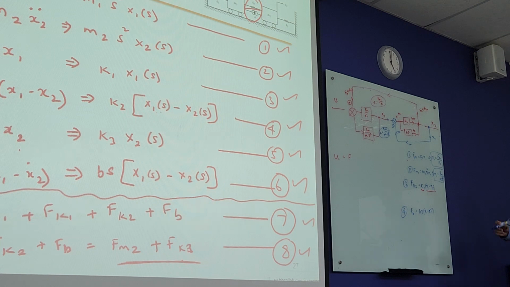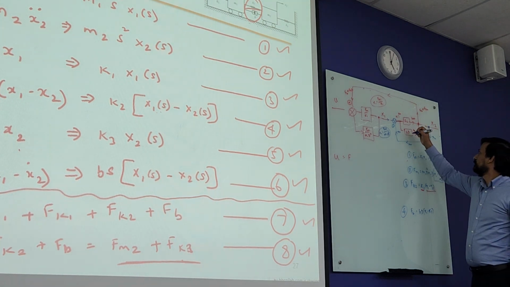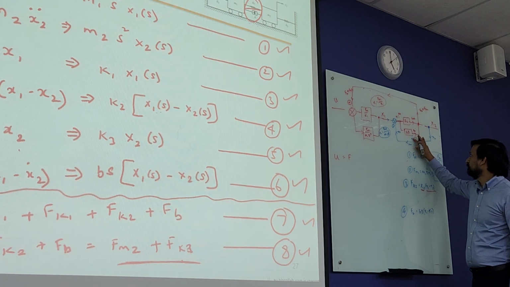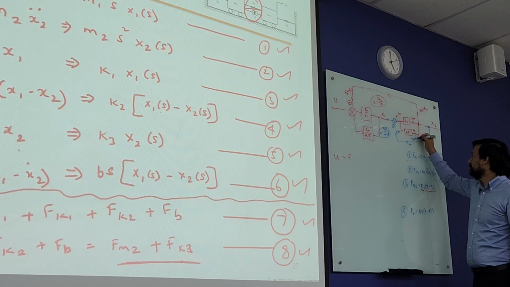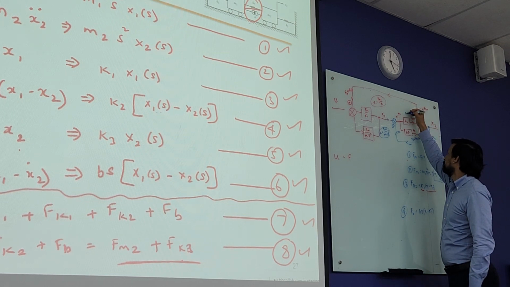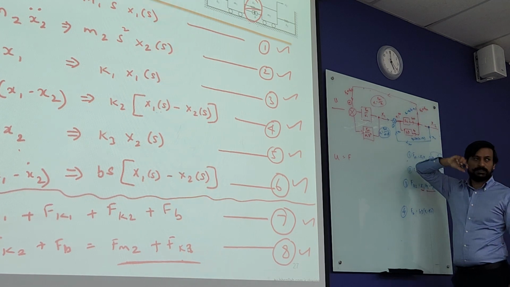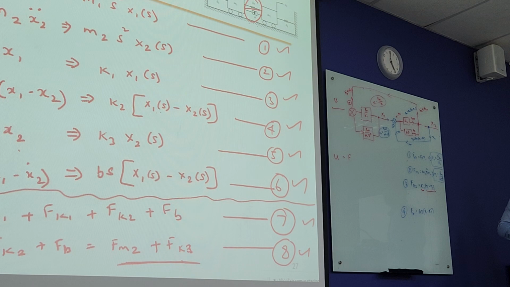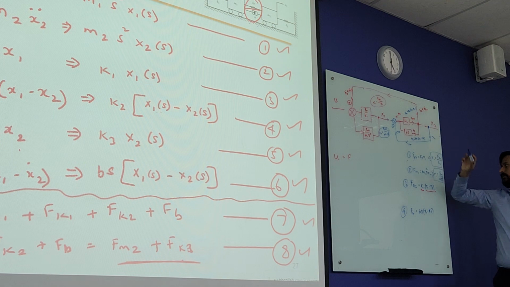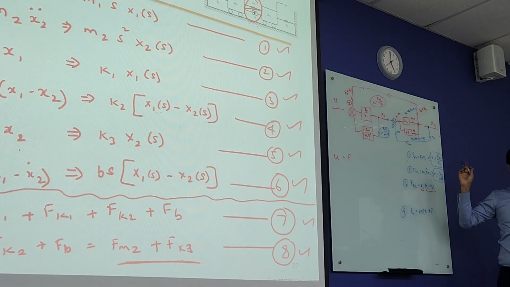We can write here: this one is BD (x1 minus x2), and this one is K2 (x1 minus x2). Whenever you make a block diagram, multiply through and see what result comes out, then match it against your equation to cross-verify whether you are in the right direction or made a mistake.